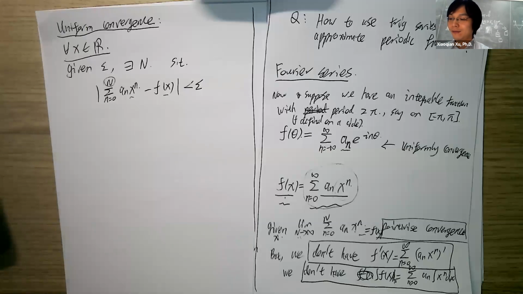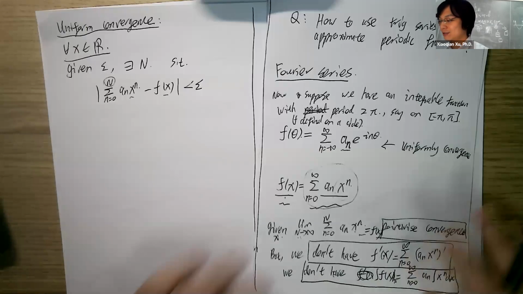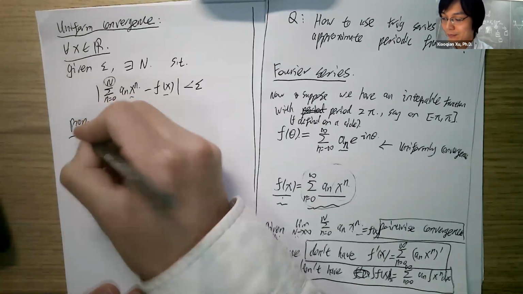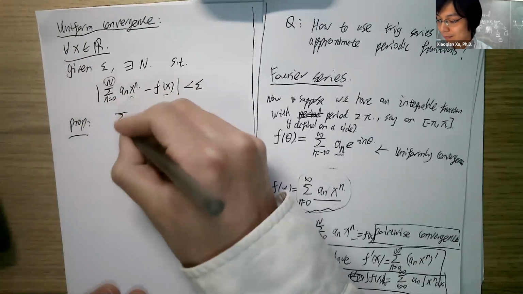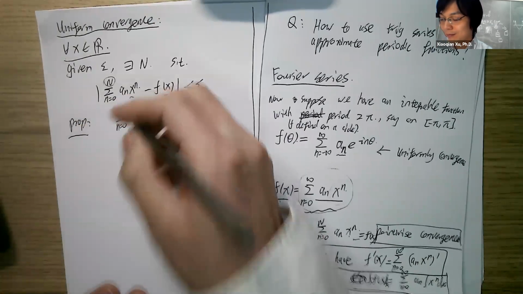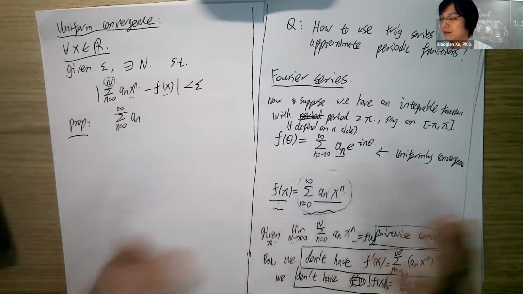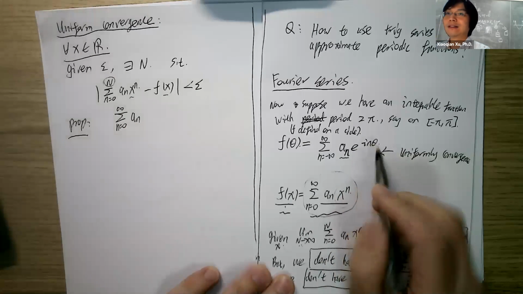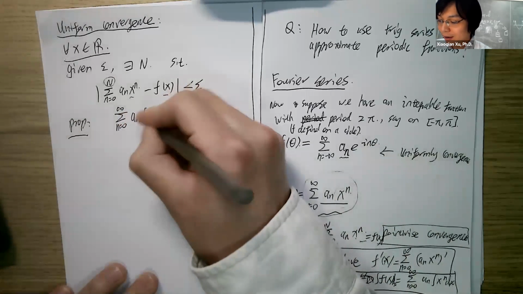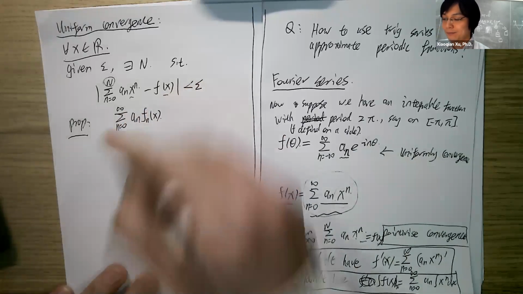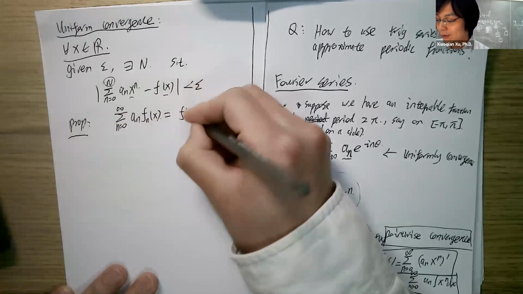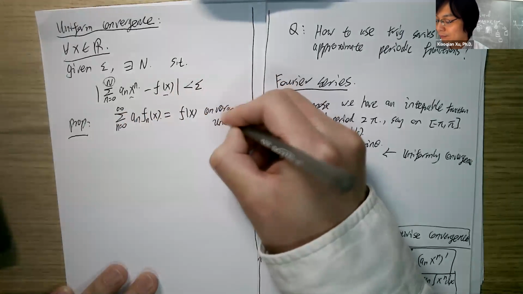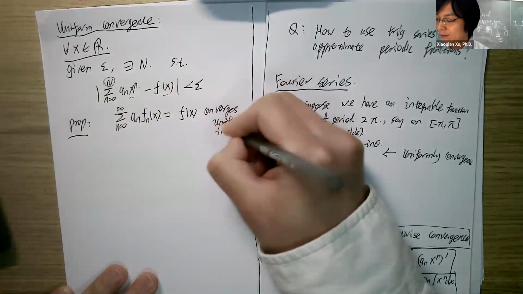And the good thing for uniform convergence is, well, maybe it's not x to the power n, but let's just use it as an example. It can be a_n e to the i n theta, or it can be some a_n f_n(x), okay? Equals f(x) converges uniformly in x.